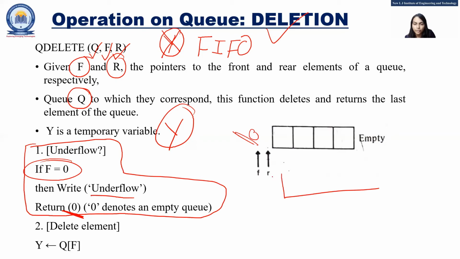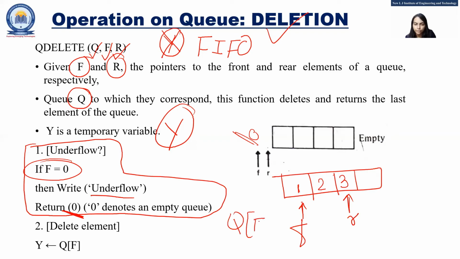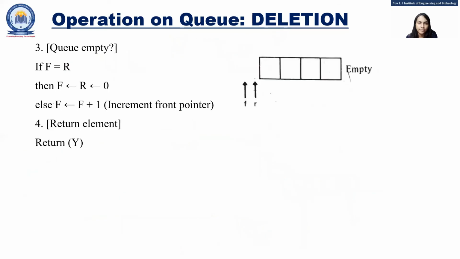If the front pointer is somewhere over here, for example, this is 1, 2, and 3, this is the rear pointer, this is the front pointer. In that scenario, whatever is there in queue of F, which is 1, we will store in temporary variable Y. So wherever the front pointer is pointing, we are storing that in Y. We are currently deleting it, so that is stored in Y.